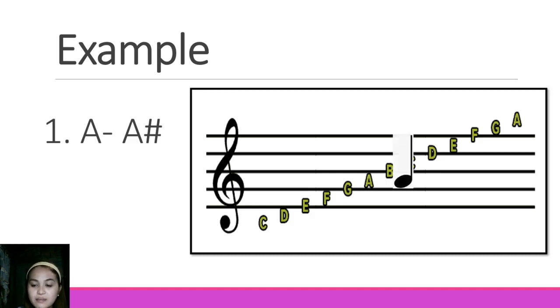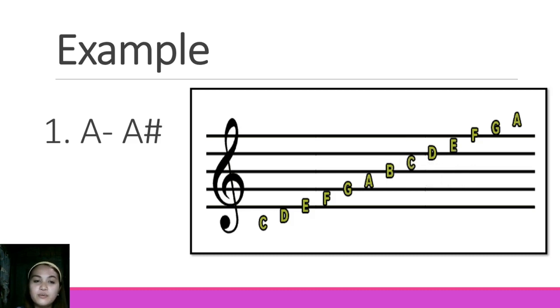Look at the example. It is in the A space. Then A sharp is still in the A space, but it has an accidental sign, the sharp, because it is A sharp. Understand?